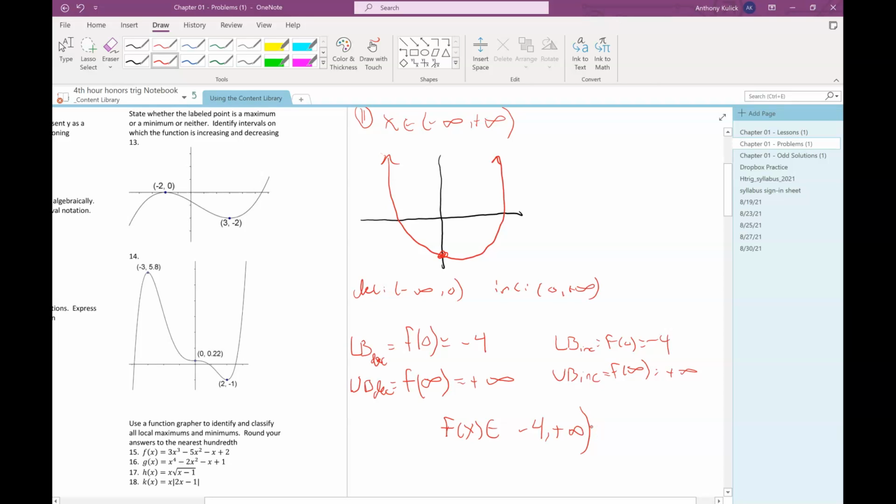Now the -4, we're going to notice -4 is in my domain. So, I'm sorry, the 0, I guess, that the -4 came from is in the domain. So that's why the -4 is getting a bracket.